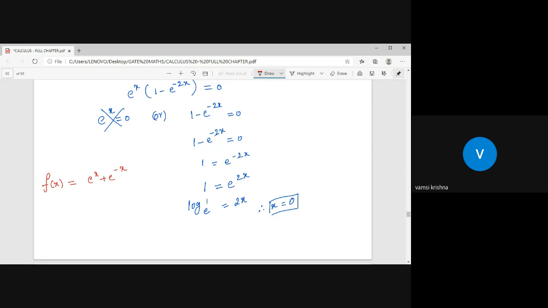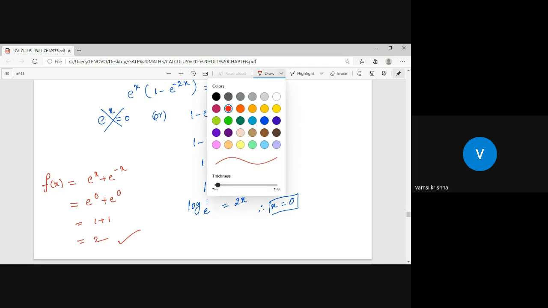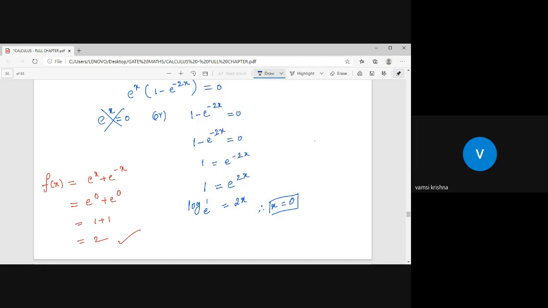If you substitute x as 0, e power 0 plus e power minus 0 is 1 plus 1, so the minimum value is 2. This is what I told you earlier: option verification will be very easy compared with the process for this particular question. That depends on the given function.